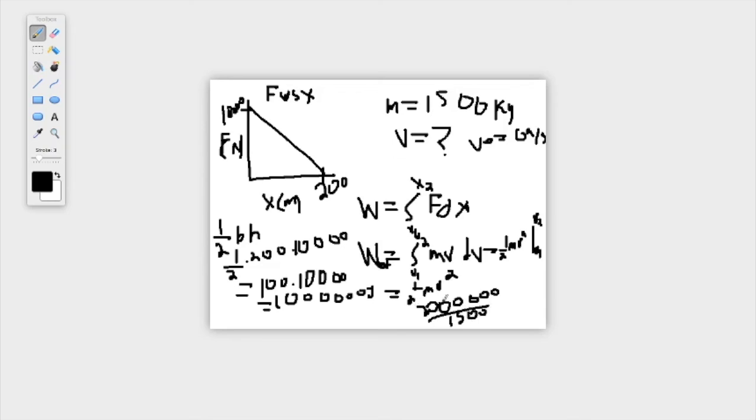And then now equal v squared. And then square both sides, and that gives you v, which is approximately 36.5 meters per second.